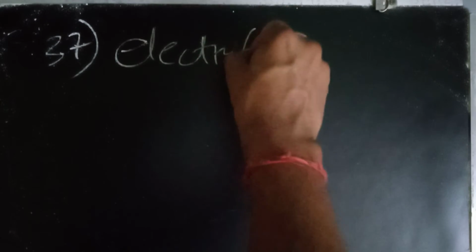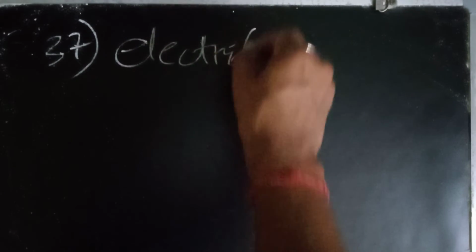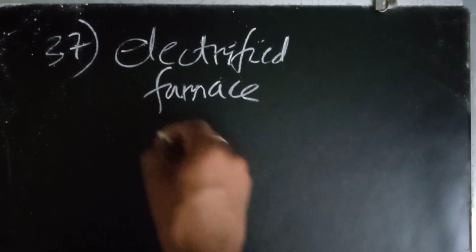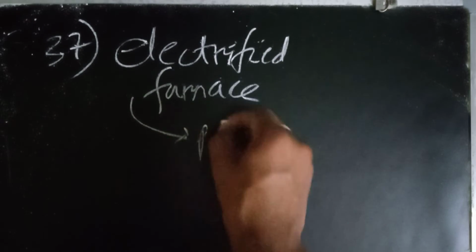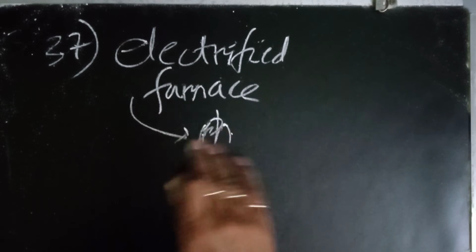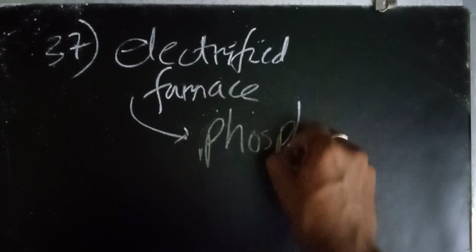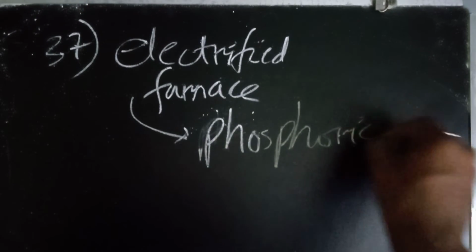Okay, now next question, 37. It was on the electrified furnace, phosphoric acid. We produce phosphoric acid.